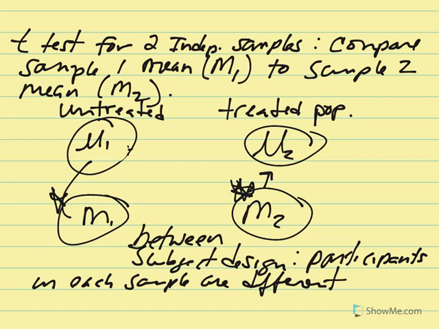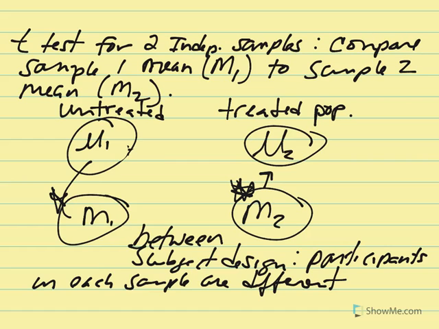So they're different people. And this is important because chapter 9 was the process of comparing two samples, but with the same individuals. So they are exposed to one condition and then they go into the second condition. We recycle those participants. In this case, they're independent of one another. They're separate. So this would be ideal for something like comparing males to females or sociology majors to psych majors.